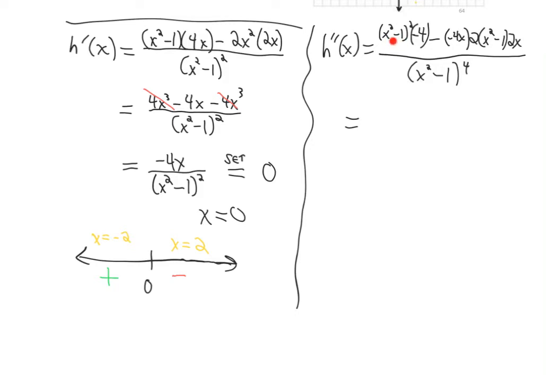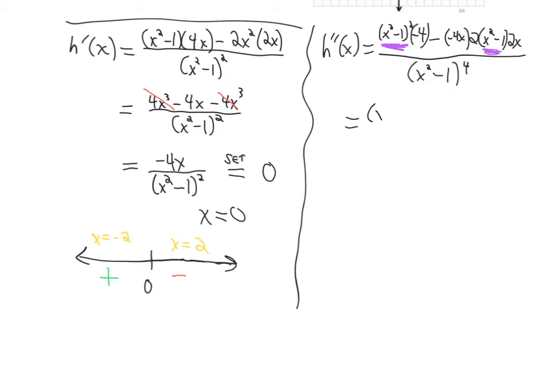So what I notice is I have at least one factor of x squared minus 1 in each term in the numerator, and I have x squared minus 1 a bunch of times in the denominator. I'm going to factor out this x squared minus 1, and because this first term has two of them multiplied together, there's going to be one left, but that's okay. Let me just write that in my next step.